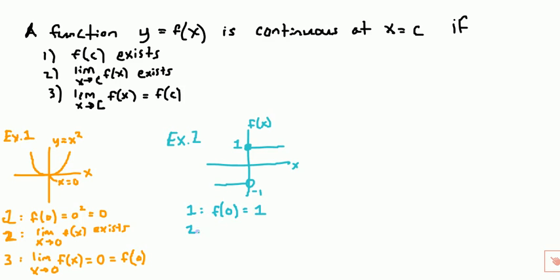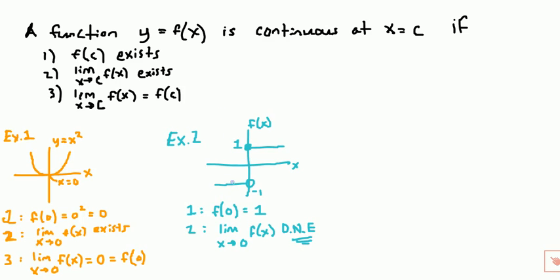That's pretty easy. Let's go on to the second condition. Does the limit as x approaches 0 of this function exist? Well, the limit from the right would be equal to 1, but the limit from the left is equal to -1. The left and the right hand limits are not equal. That means that the limit as x approaches 0 of f of x does not exist. DNE, does not exist. Because of that, this function is not continuous.